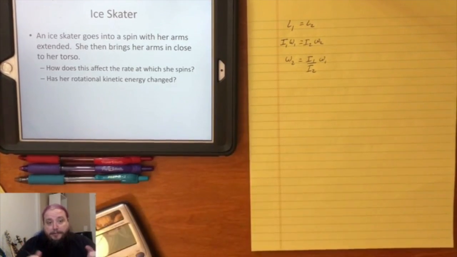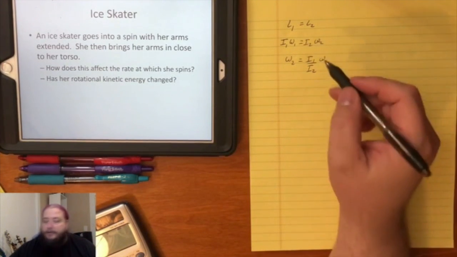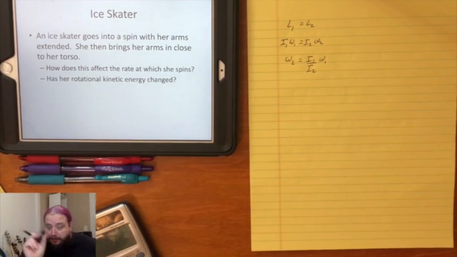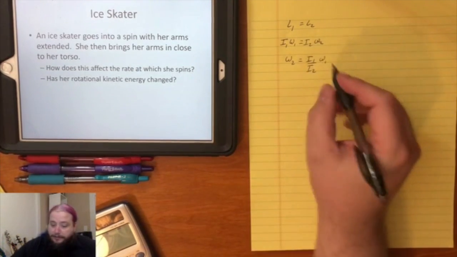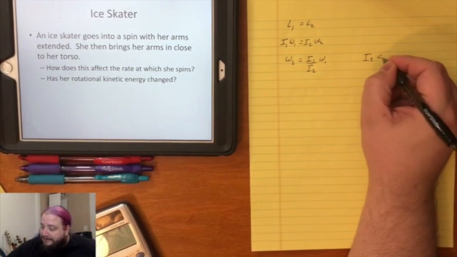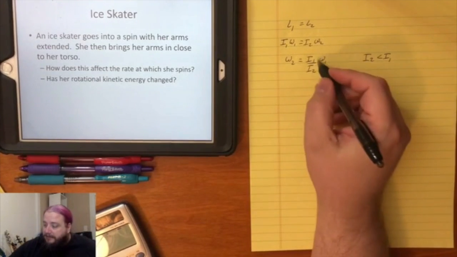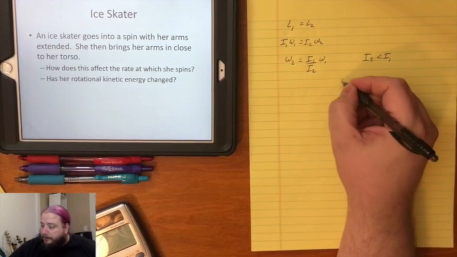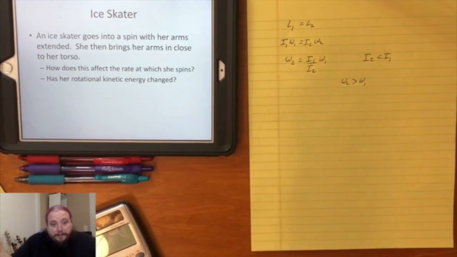Since she's pulling her arms in, remember mr squared is the general form for rotational inertias. If you're making the r's smaller, then you're decreasing your rotational inertia. So I2 here is going to be less than I1 when she pulls her arms in, which means that I1 over I2 is going to be bigger than 1, so omega 2 must be greater than omega 1. So she's going to speed up as she pulls her arms in.